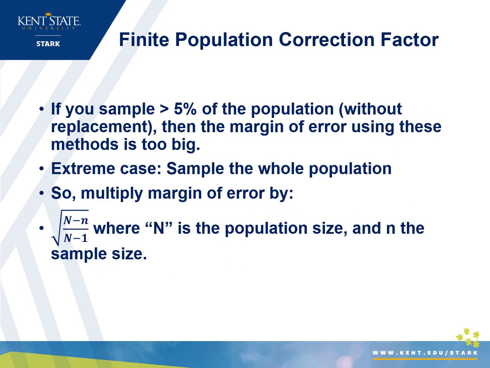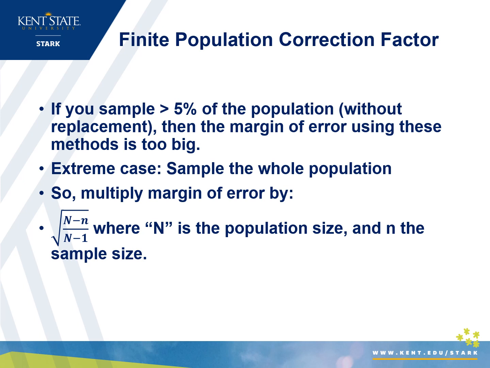Enter the finite population correction factor. We use this correction whenever we sample more than 5% of the relevant population. Now technically, we can use this anytime the population is of a limited size and you're sampling without replacement. But for less than about 5% of the population, the correction is so small that it makes no practical difference.